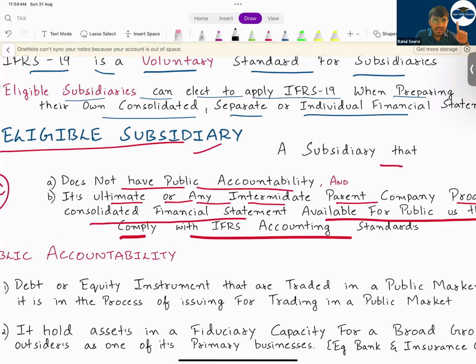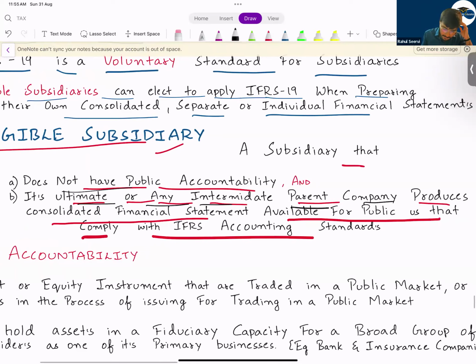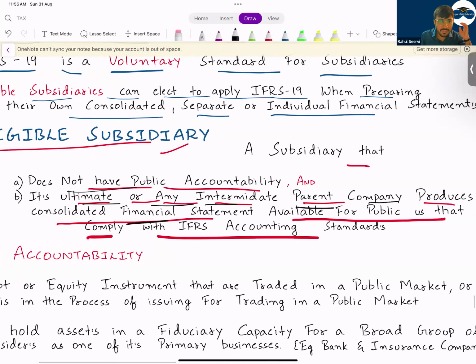Its equity or debt instruments should not be listed on the stock market, or in the process of being listed, and it should not be a bank or any insurance company, because banks and insurance companies have a fiduciary duty to disclose financial statements or provide information to the stakeholders. So it does not have public accountability, and its ultimate or any intermediate parent company produces consolidated financial statements available for public use that comply with IFRS accounting standards.